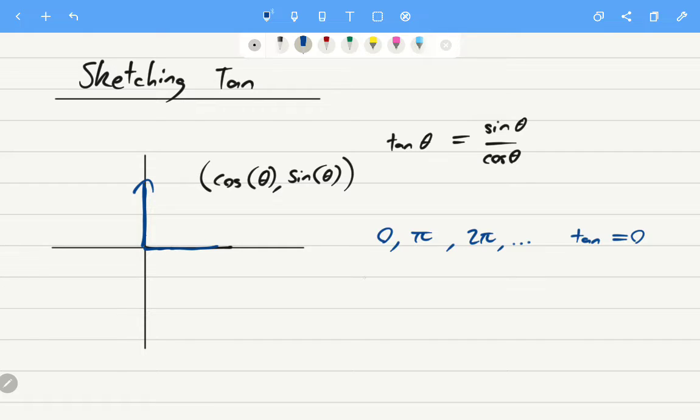What we also know is that when we're directly vertical, what's the behavior going to look like? Well, we're going to get pi on 2, and then also when we're down, we get 3 pi on 2, and then 5 pi on 2, then tan is going to be undefined. So that's just some important background before we start sketching.